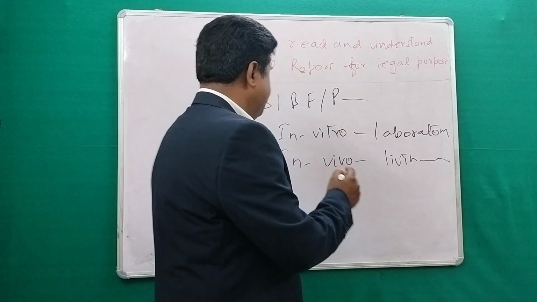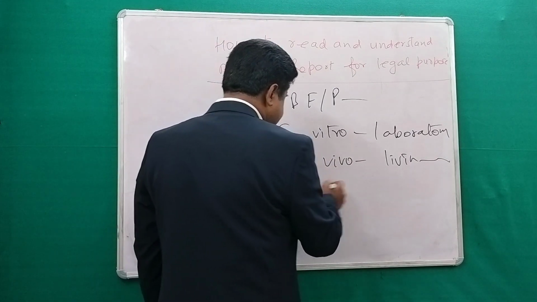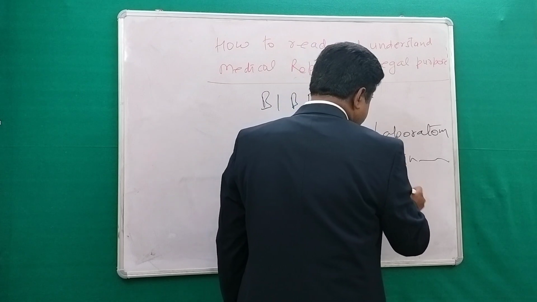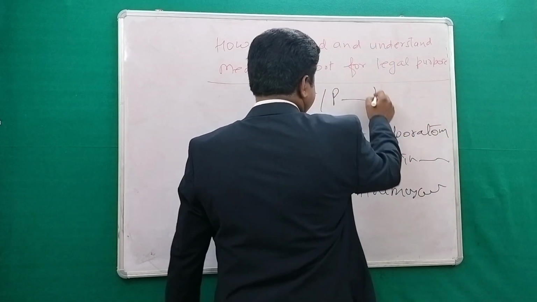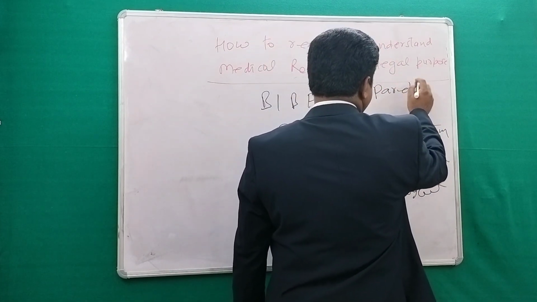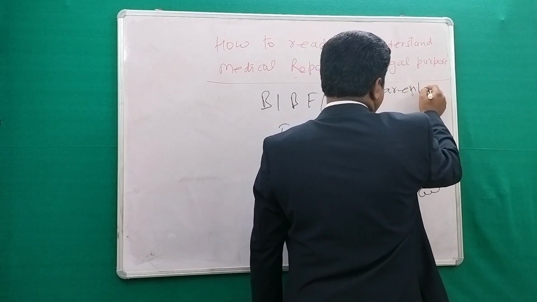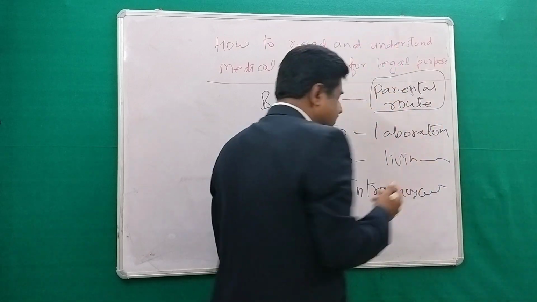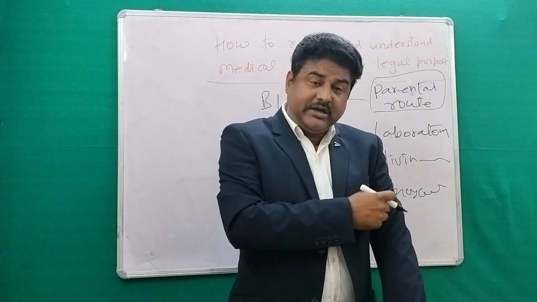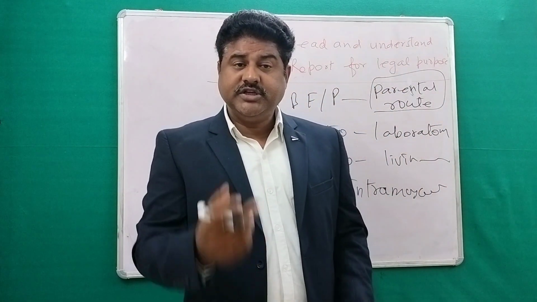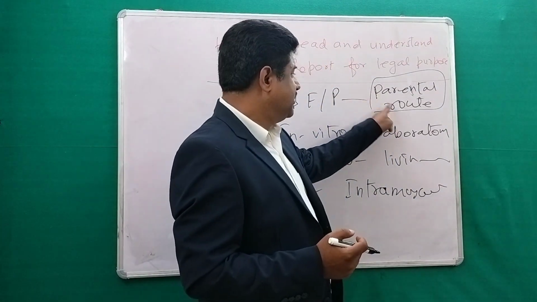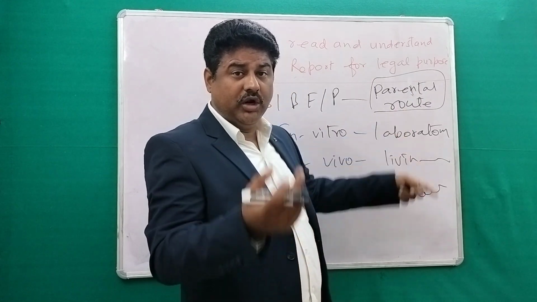Then you have the parenteral route, that is IM, intramuscular. You know the route. The parenteral route can also mean intravenous or subcutaneous, directly in the skin, because the situation demands a quick result, and at that time the parenteral route is required and not the oral route.